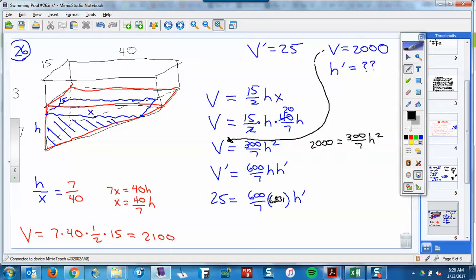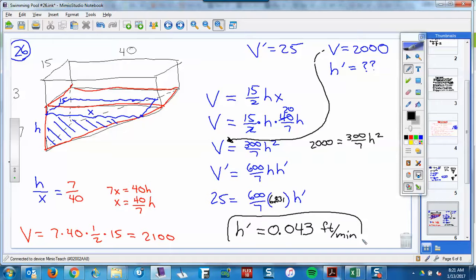Okay, and then now we can solve for our H prime. So 0.043 feet.